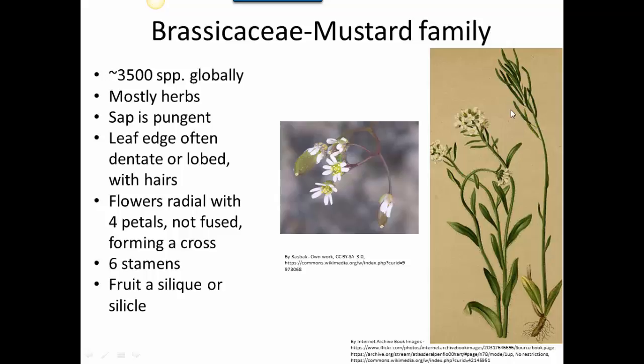So remember that those are those pods that are made up of 2 carpels, and they have that central papery partition upon which the seeds are attached. Some of the members of the mustard family make shorter fruits, which are similar in structure. They're just different in size, and those are called silicles.